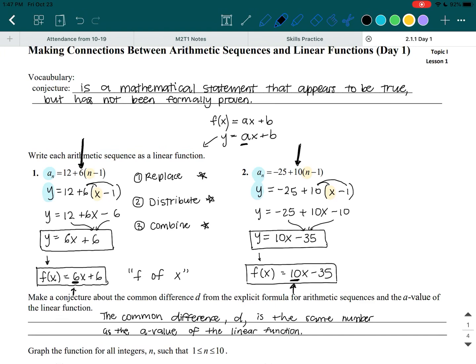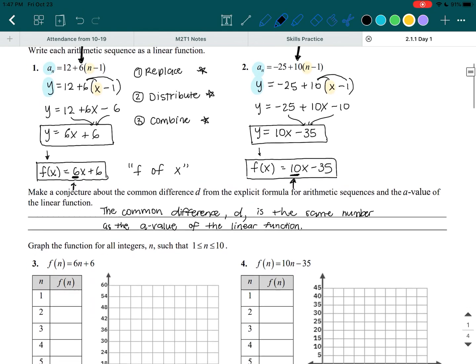Okay, so my conjecture is that they are the same number. It appears to be true, but we haven't formally proven it yet, but I think they look like they're the same number based on our two examples.